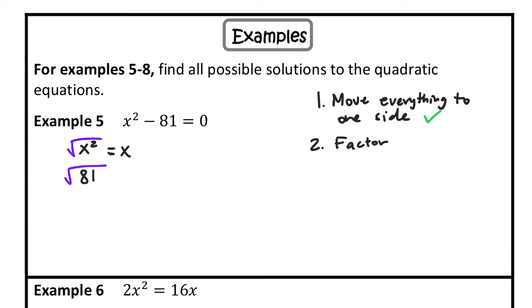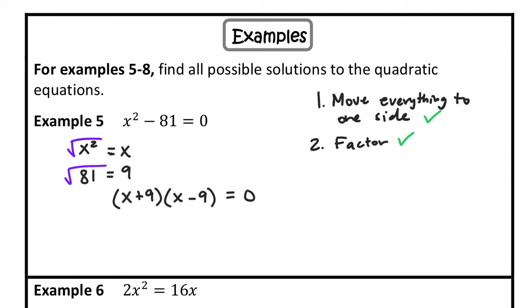And so, yeah, I can square root these terms, and it ends up becoming a difference of squares. X and X, 9 and 9, and one of them is plus, the other is minus. Because positive 9 times negative 9 is negative 81. And what's 9 minus 9? 0. All right, so we've factored.